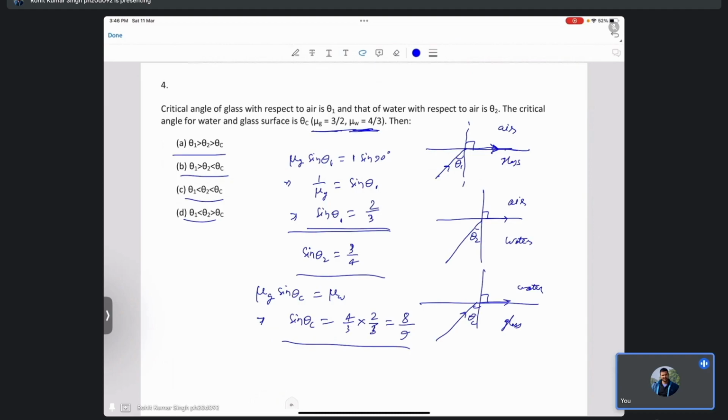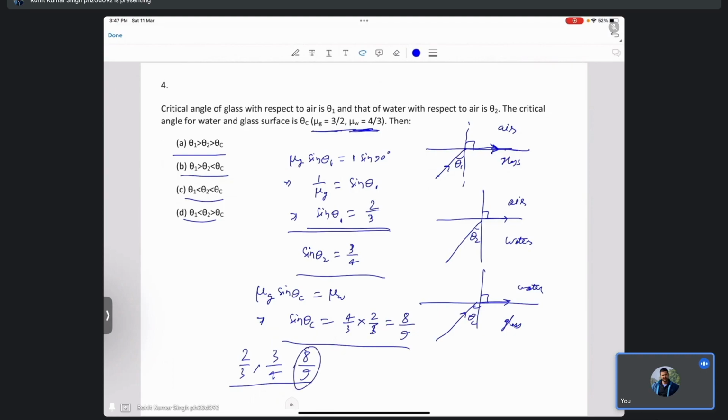Now based on these values, can you tell me which one is greater? So you have sine theta 1 is 2 by 3, sine theta 2 is 3 by 4, and sine theta c is 8 by 9. Now out of these three, which one is greater?